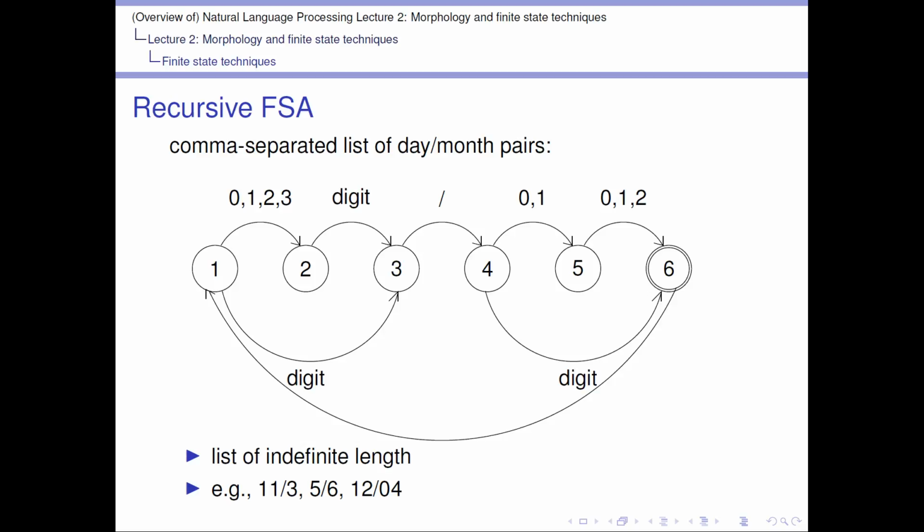I think the point in showing you this is that you could imagine now having something like anti-disestablishmentarianism without having to build an infinite finite state machine. You can have a finite state machine, finite number of states, and still get an infinite language.